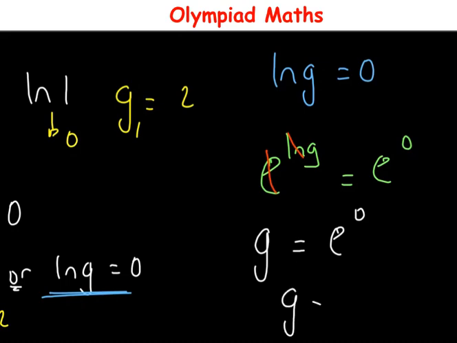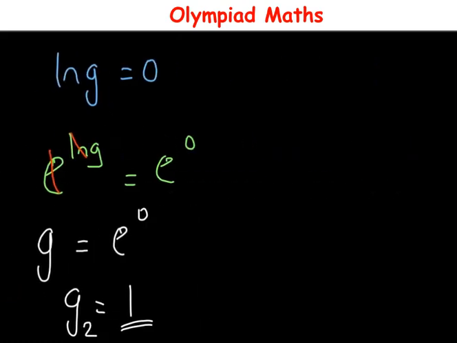Now, g is equal to e raised to power 0, which is 1. So we've gotten the other solution for the value of g, that g equals 1. So this is the second solution for the value of g. So for this question, we have two solutions, that g1 equals 2 and g2 is equal to 1.